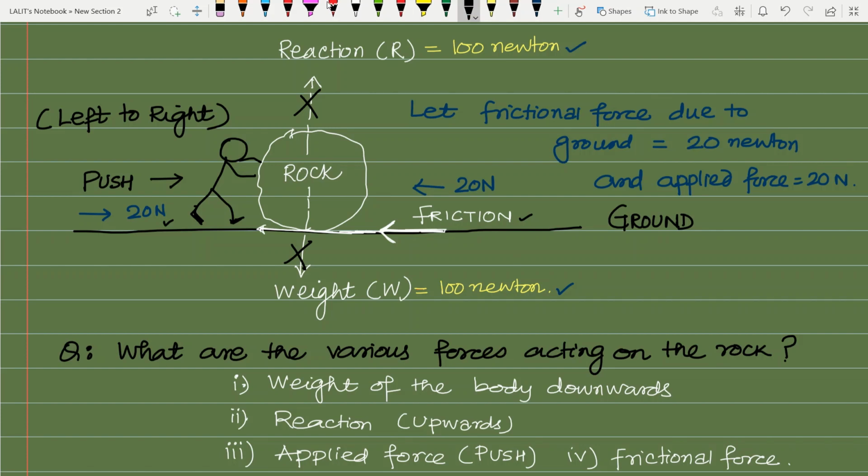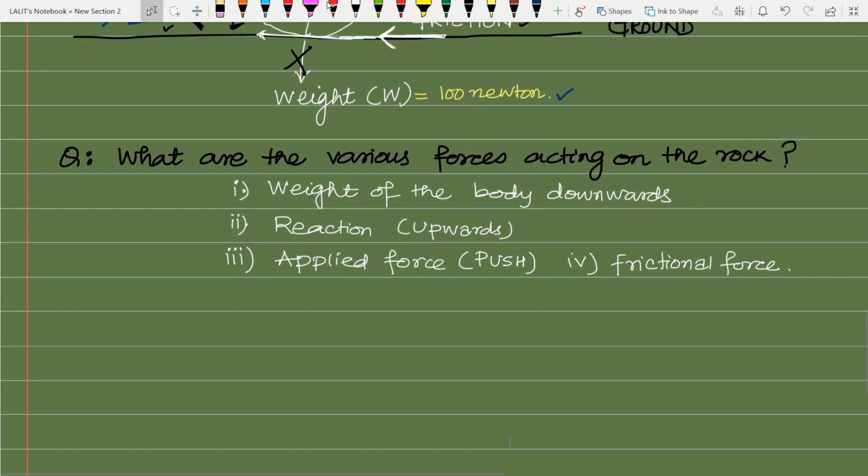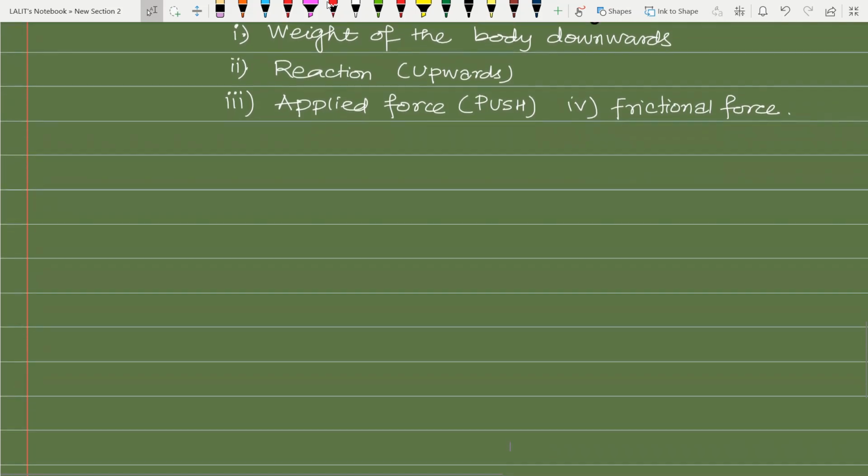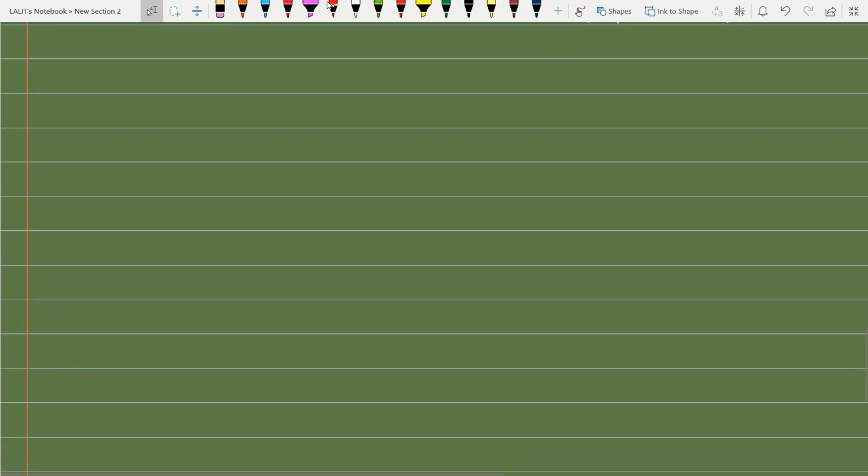So in this condition, the second diagram, what is the situation? The net force. If we draw the diagram again with the help of arrows, this is the rock. The weight was 100 Newton. The reaction force is 100 Newton. So these two are cancelling each other.